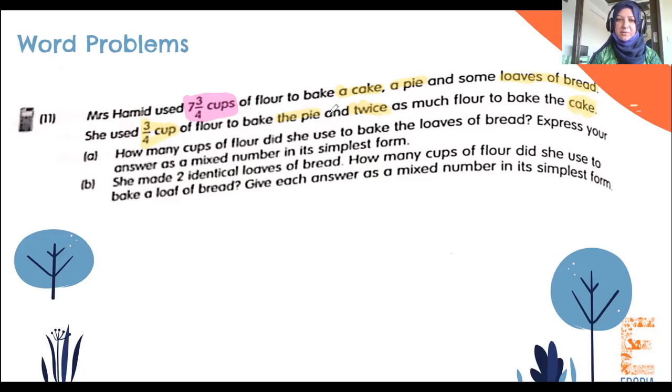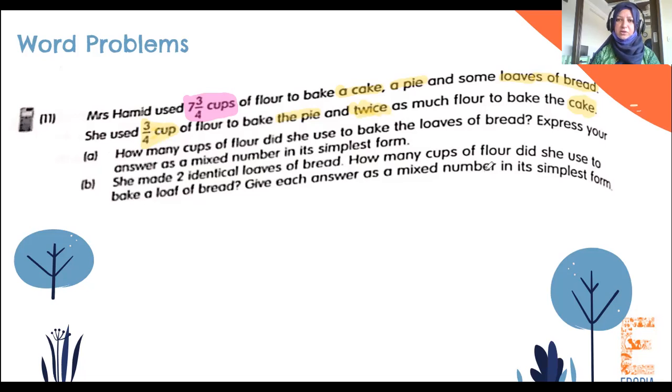Twice as much, so that means if she was using 3 by 4 cups, double that amount was used for the cake. Looking at this, you can see that this can be a comparative model, because you're making a comparison here between pie and cake, twice as much.